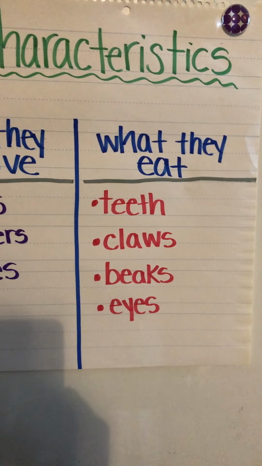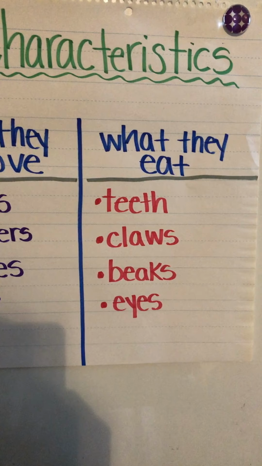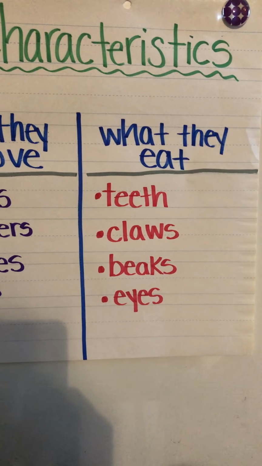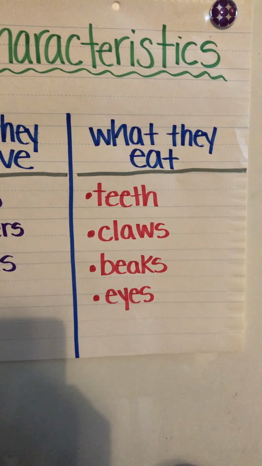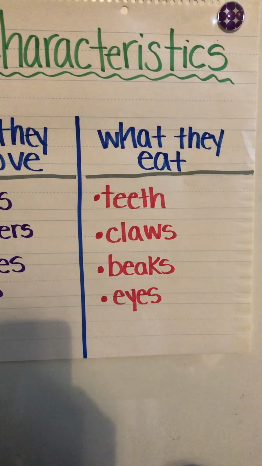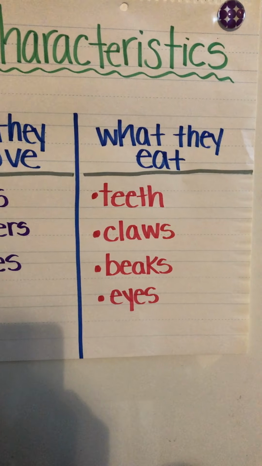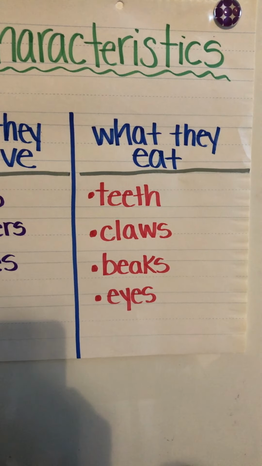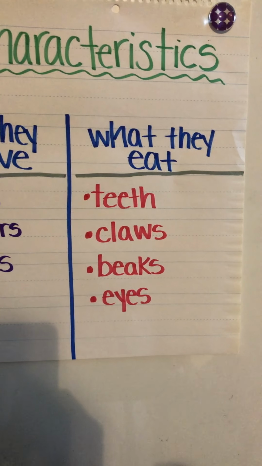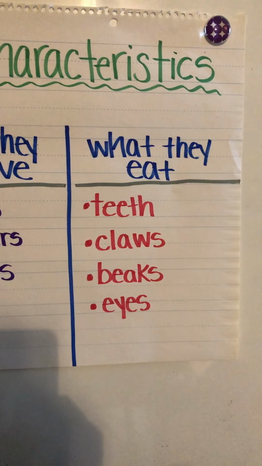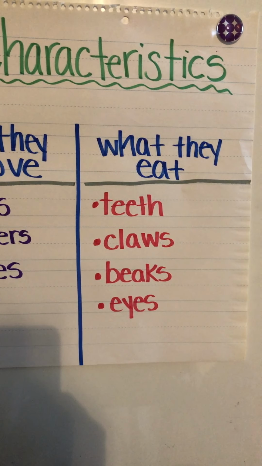Okay, we'll move on. Beaks. What's a beak? Do you know what a beak is? That's right. It's a mouth for ducks or birds, right? They use those beaks to catch their meals and eat. Okay, and even some birds, their beaks are super, super sharp.